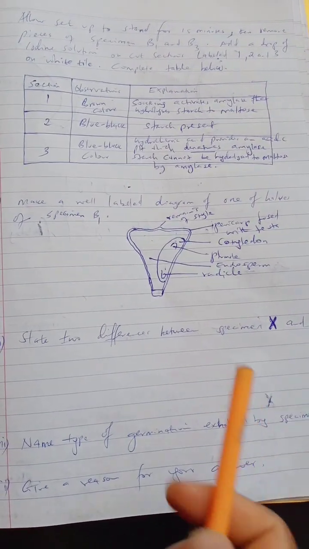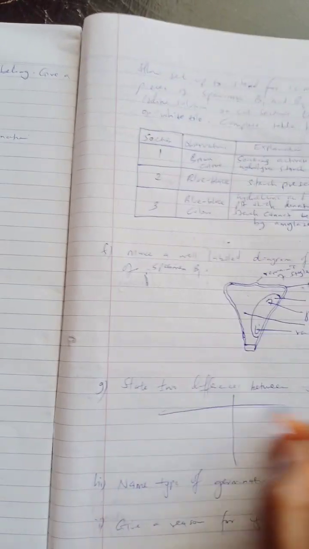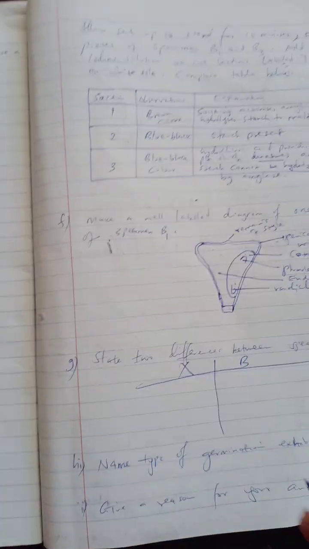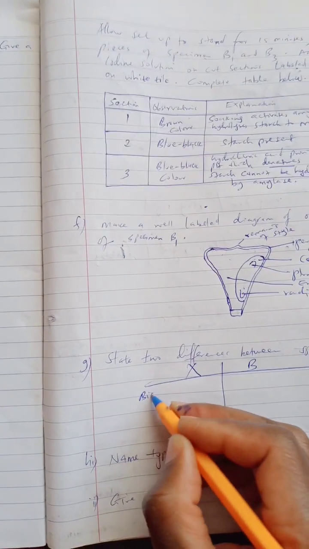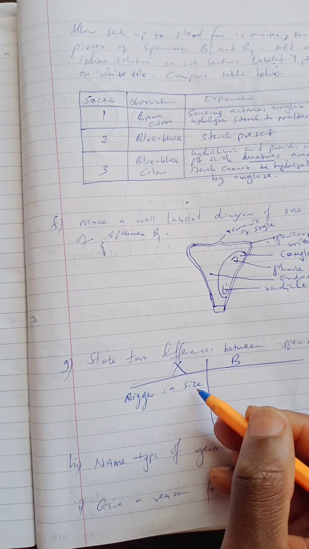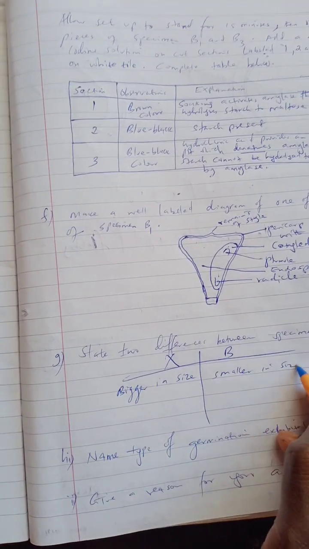Then state two differences between X and B. We said X is our banana, and then B is our maize seed. So even in terms of size, the banana is bigger in size. This one is smaller in size.